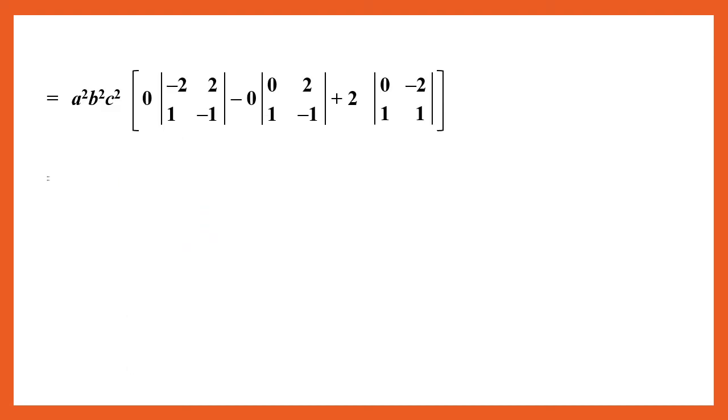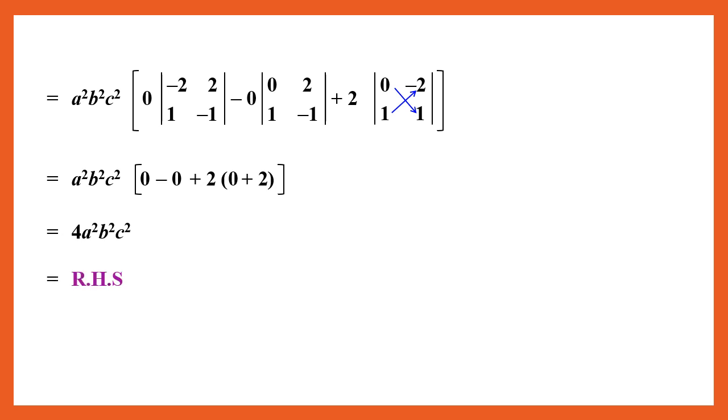On simplifying, we get A square, B square, C square, 0 minus 0 plus 2 into 2. On simplifying the bracket, we get 2 into 2, which is equal to 4. So the overall answer will be 4 times A square B square C square, which is the required RHS. Next example.